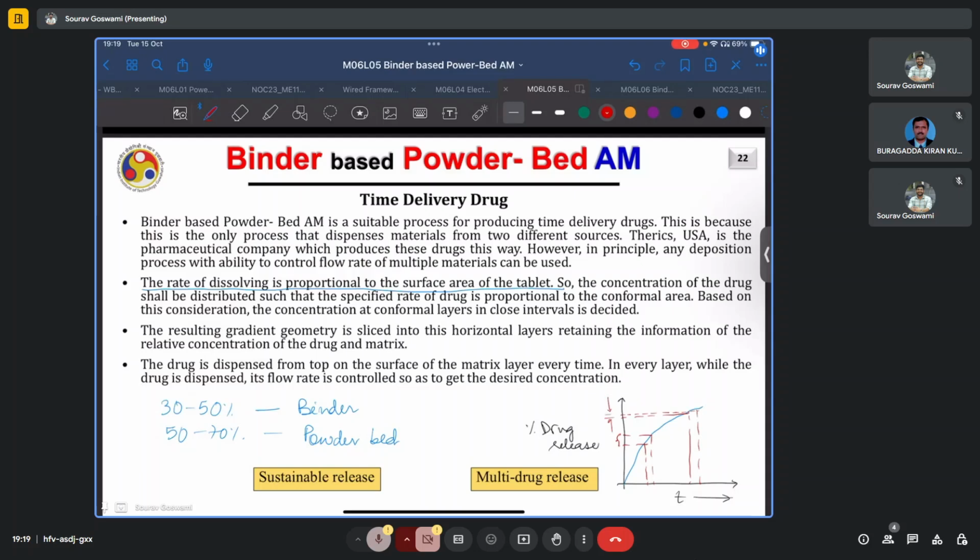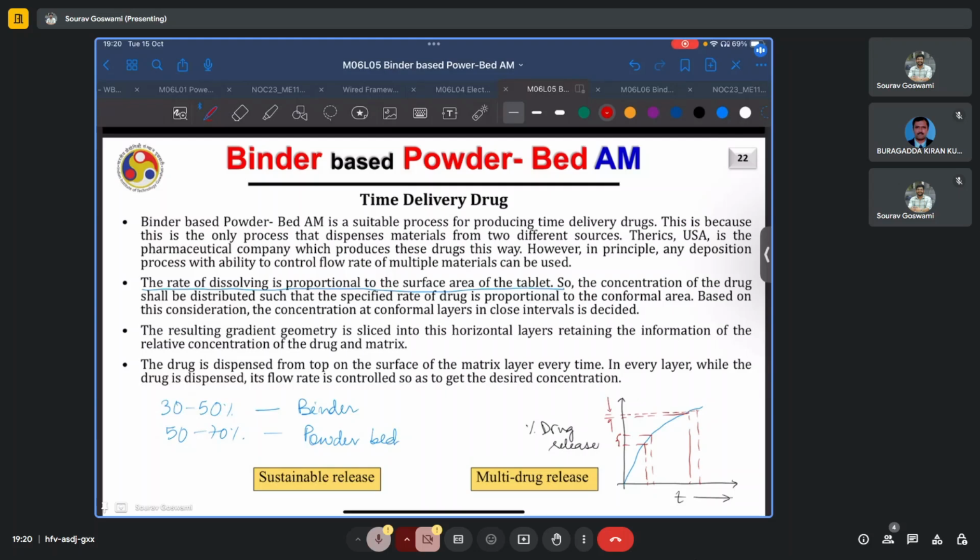And this is undesirable. However, this is mostly the case because the drug compound is distributed uniformly in the pill, and the rate of dissolving of that pill is proportional to the surface area of the tablet. The greater the surface that is dissolved, the greater the amount of drug released.